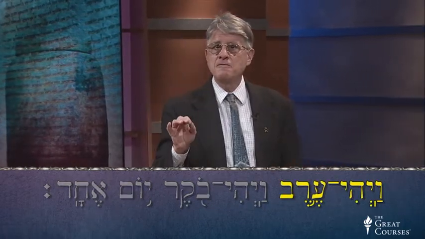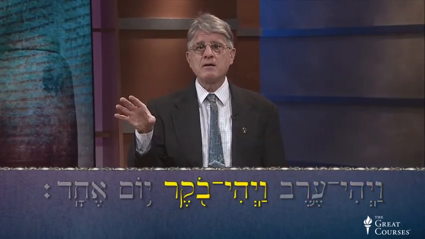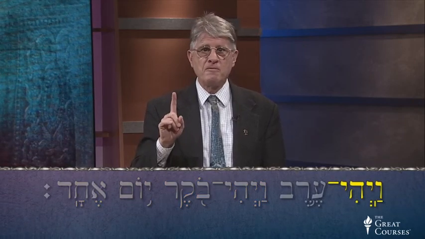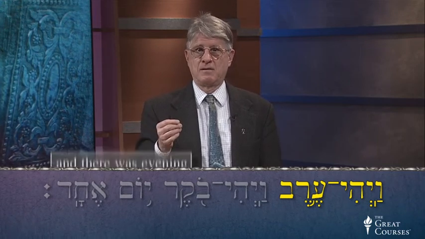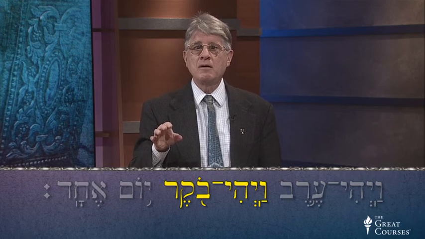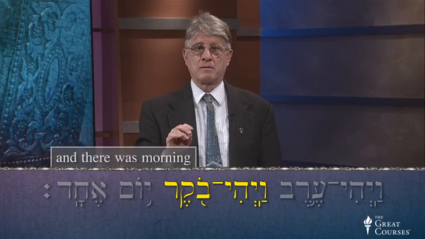Vayihi erev, vayihi voker, yom echad. You remember Vayihi from Vayihi Or, and there was light, but this is Vayihi erev, and there was evening. Vayihi voker, and there was morning.